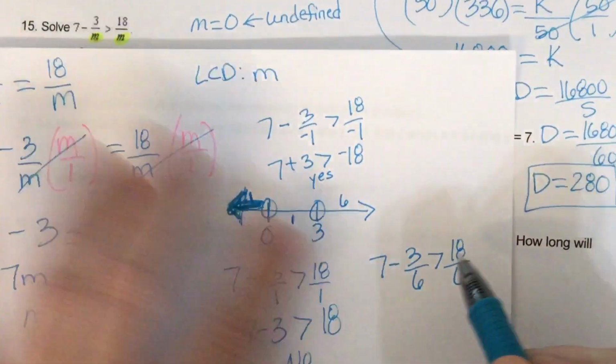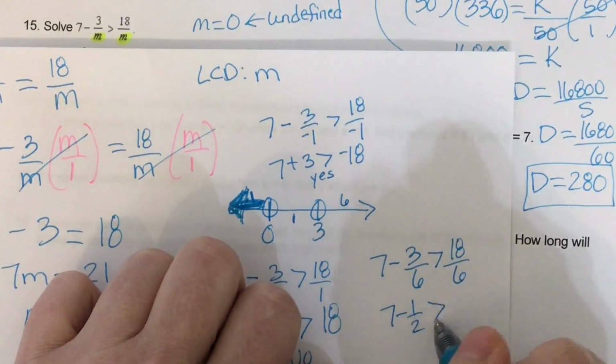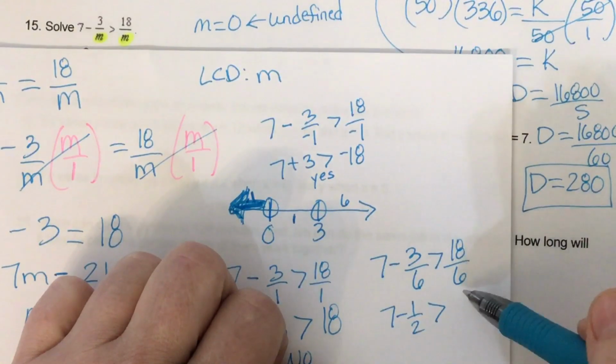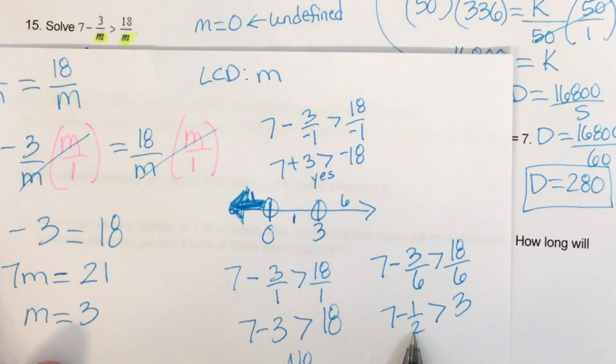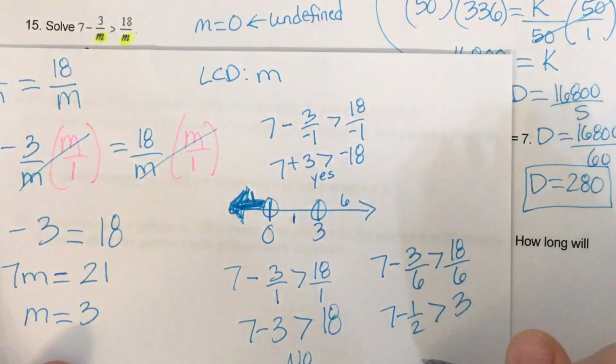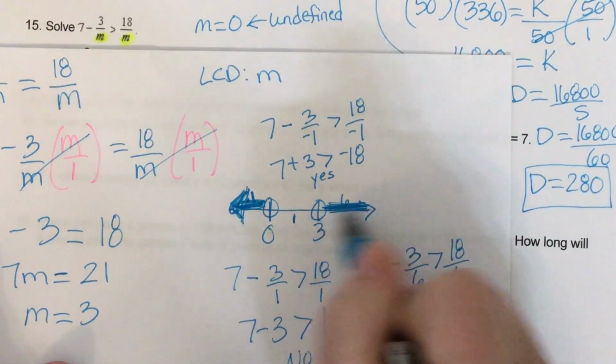Okay, so 3 over 6 is 1/2. So 7 minus 1/2. And 18 over 6 is 3. Well, what's 7 minus 1/2? 6.5? Is 6.5 greater than 3? Yes. So I know that numbers on this side are answers.